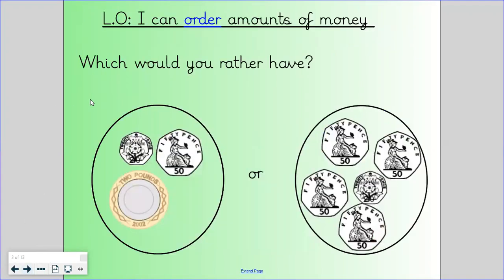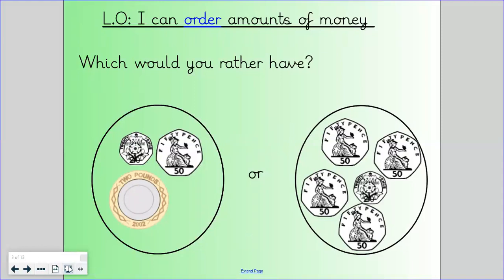So first question for you, which amount of money would you rather have? The coins that are in this circle here or the coins that are in this circle here? Have a little think for yourself. Okay, so you might initially look at that and think, whoa, well, there's more coins over here in the circle on the right. I'm going to have that amount. There's 5 coins there. There's only 3 coins there. However, as we know, coins have different value.